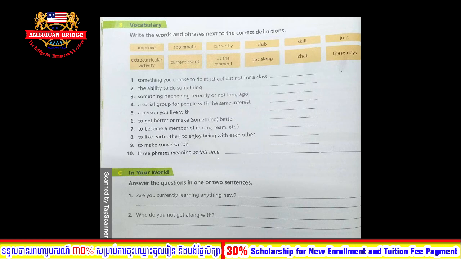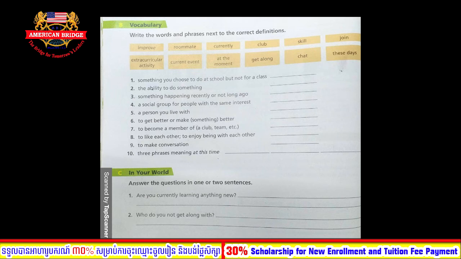Alright, so what you have to do is you write the words and phrases next to the correct definitions, okay? So we have improve, roommate, currently, club, skill, join, extracurricular activity, current event, at the moment, get along, chat, these days.